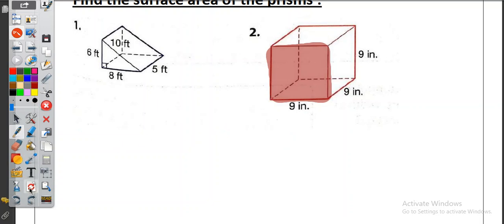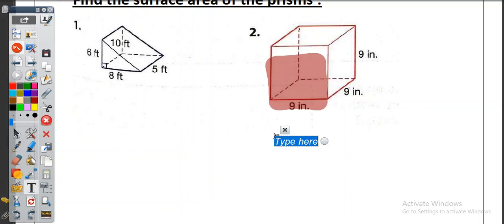So the area of one face equals 9 times 9, which is 81 squared inches.